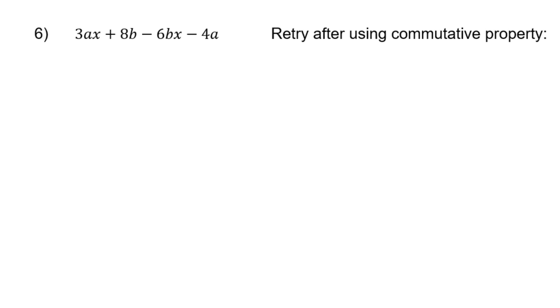So what we could try next is to group the first two and group the second two. Because we have 4 terms, we might as well try factoring by grouping. But now if we look at the first 2 terms, they still don't have anything in common. And if we look at the second 2 terms, we can factor out a 2, but then we're kind of stuck because it doesn't match anything with the first 2 terms.